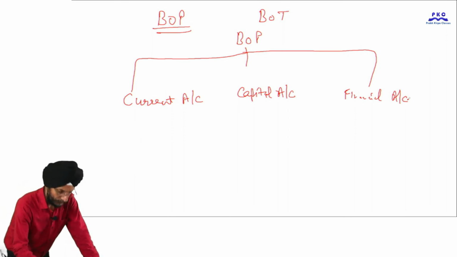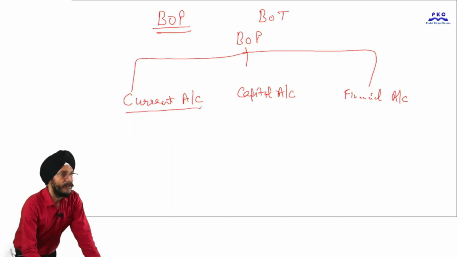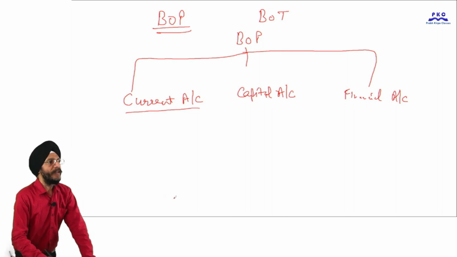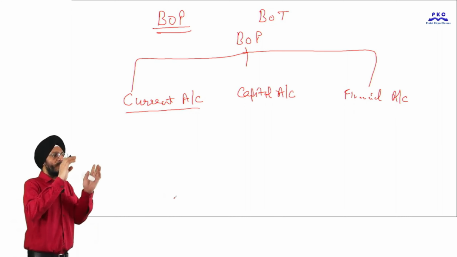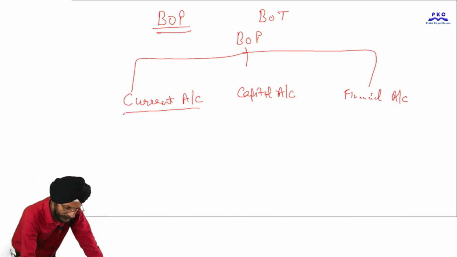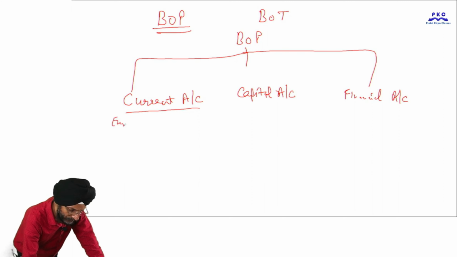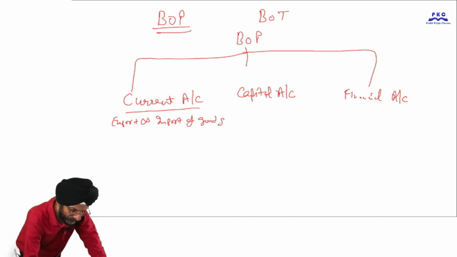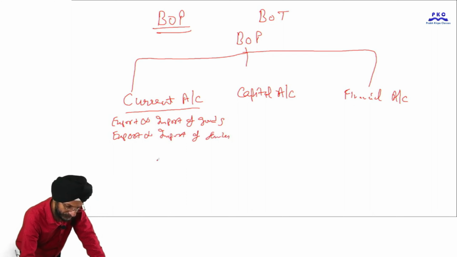In the current account, we record the transactions which pertain to export and import of goods. Then we record in the current account the transactions related to export and import of services.